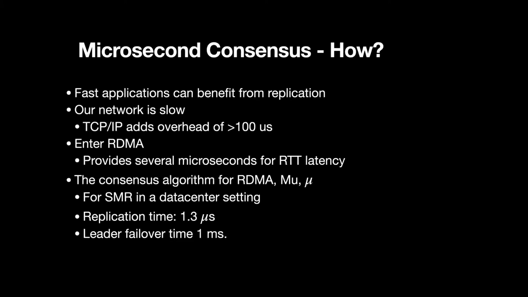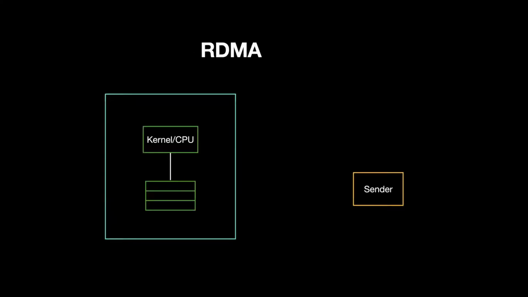That is quite interesting. So let's quickly look at RDMA as background. RDMA stands for Remote Direct Memory Access. Network communication is generally a two-party step. The sender sends some data, and the kernel, the networking stack, examines that data, and depending upon the headers, places it in a location in the RAM.